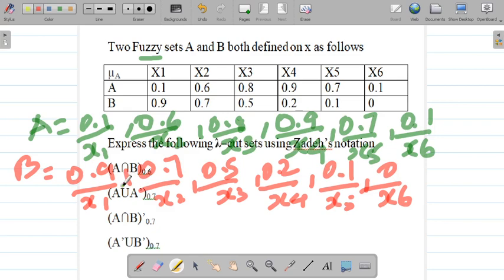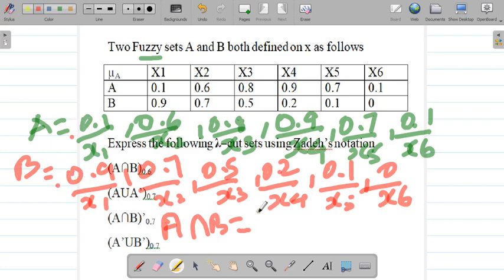For finding this one, we should find the A intersection B first. We knew that A intersection B in fuzzy logic means we find the minimum value between the fuzzy sets A and B. Here 0.1, here 0.9.